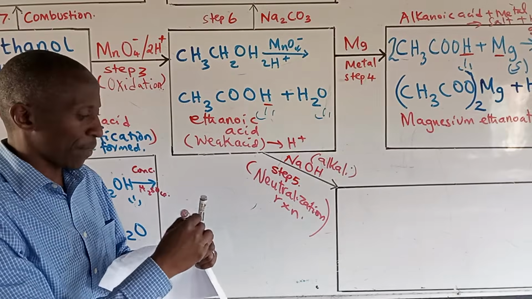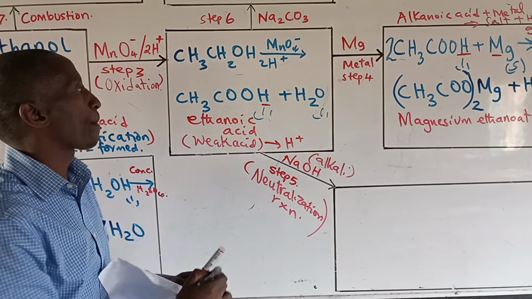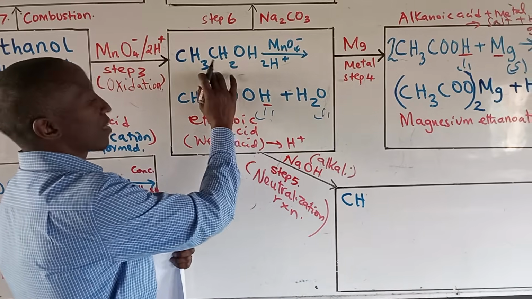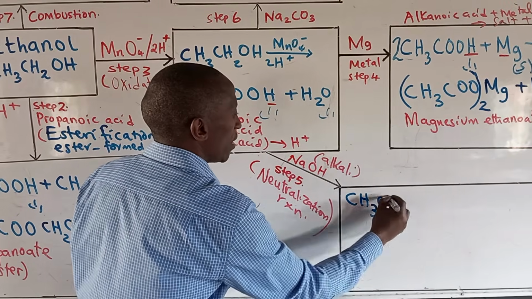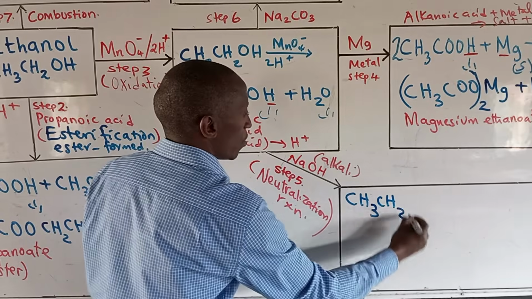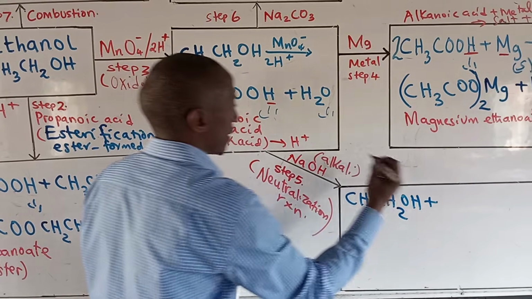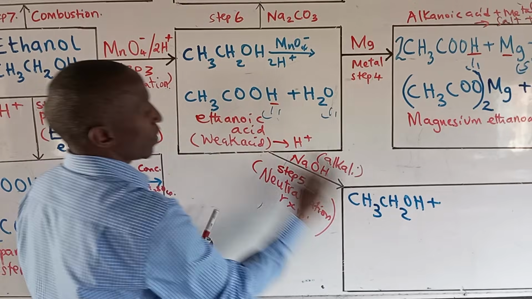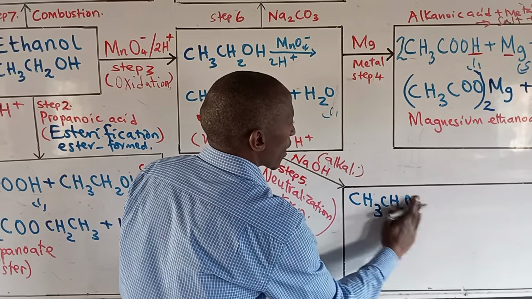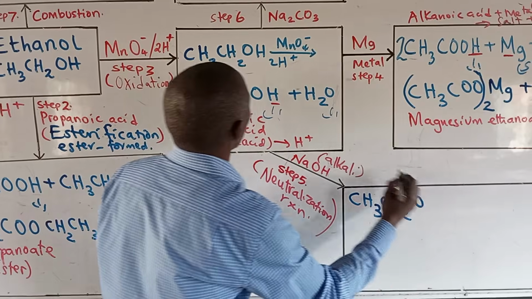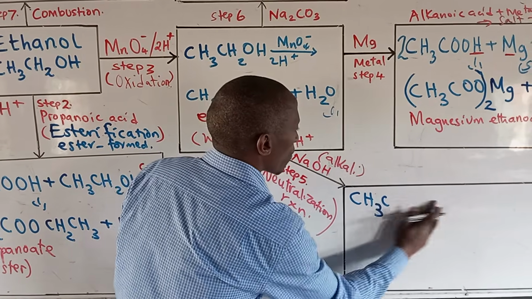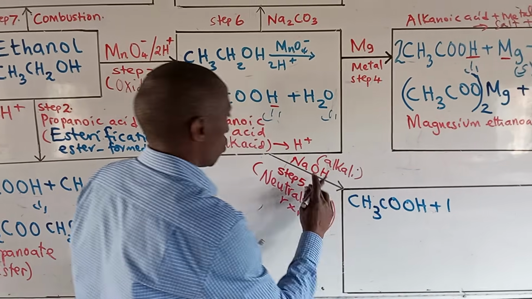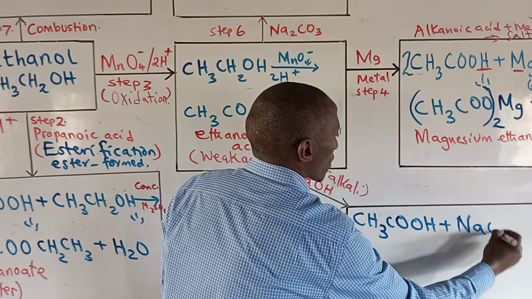Now let's see how that reaction goes. So we are having the ethanoic acid CH3COOH, plus sodium hydroxide.